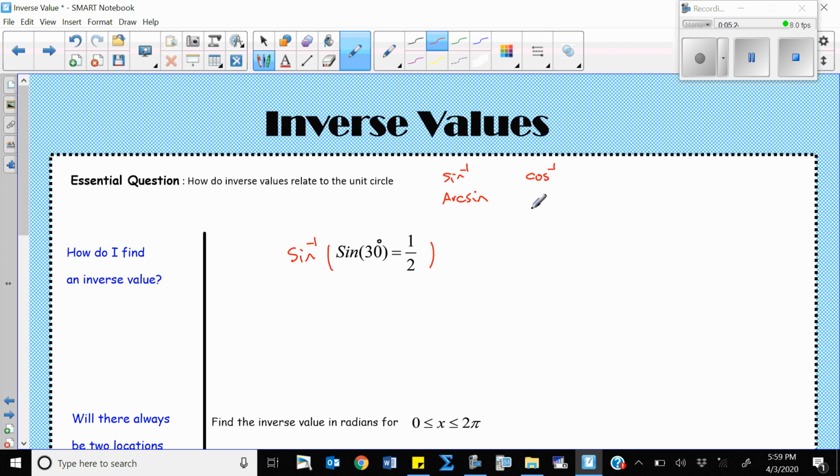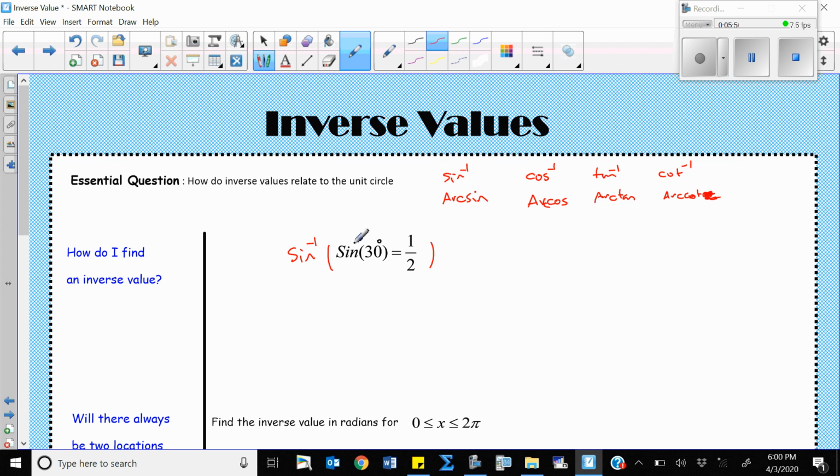Or inverse of cosine is cosine -1, or arc cosine. Tangent -1, or arc tangent, and cotangent -1, or arc cotangent. So these are all the inverse functions.